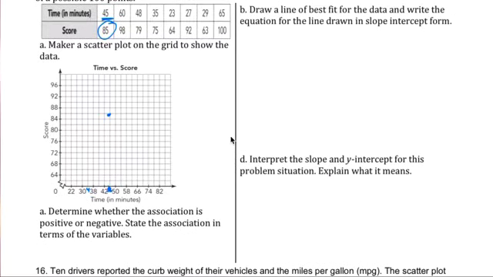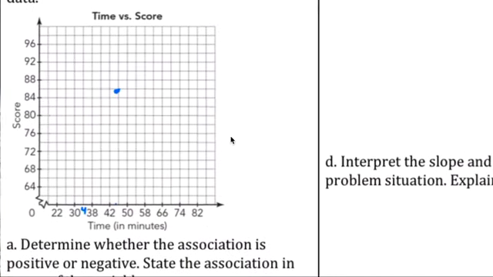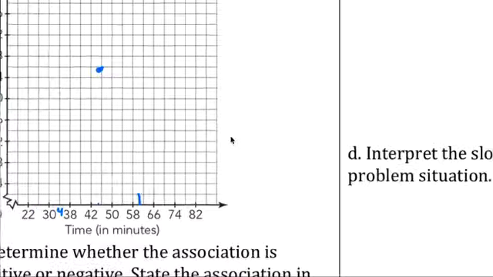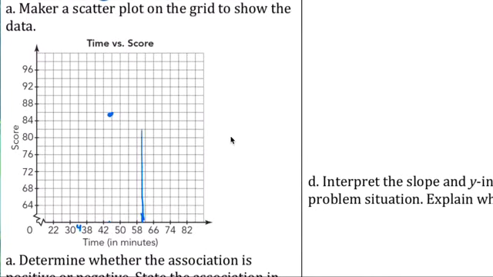That's one dot. And another dot is 60 and 98, so 60 somewhere there, and 98 all the way up there.